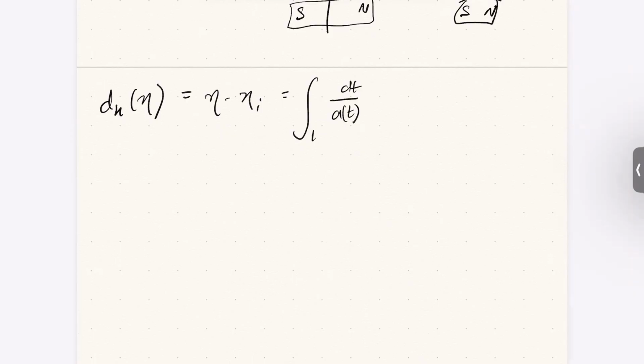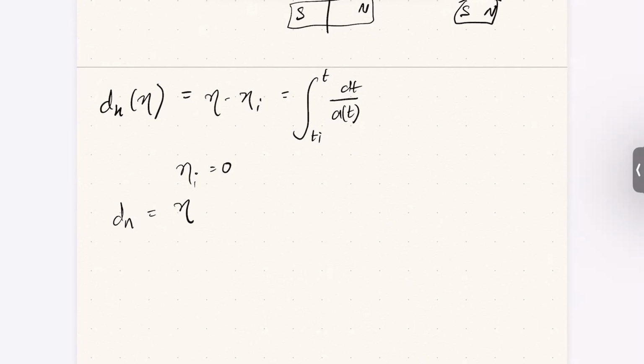I can write it from eta_i to eta, some arbitrary eta, where eta_i is your initial time. If you want to start with the beginning of the universe, you can set eta_i to 0, and that would mean that the particle horizon is just a function of the conformal time.